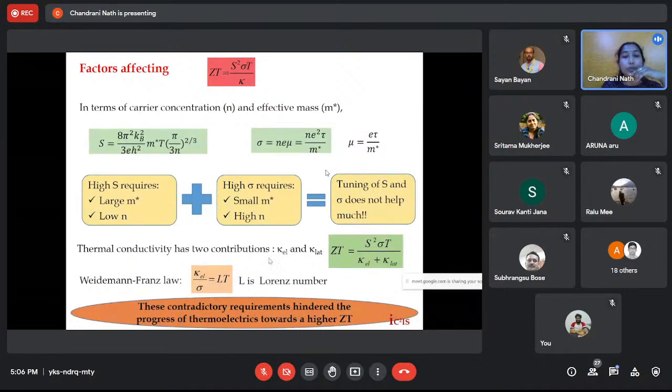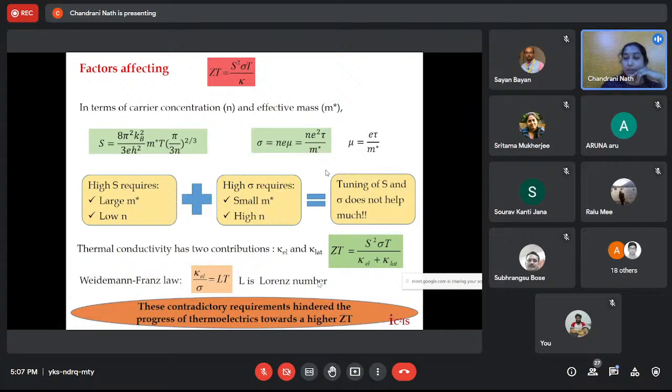The electronic contribution of thermal conductivity is determined by the electrical conductivity through the Wiedemann-Franz law. That means if we increase electrical conductivity, the electronic part of thermal conductivity will keep increasing. So these contradictory requirements have hindered the progress of thermoelectrics towards achieving higher ZT.